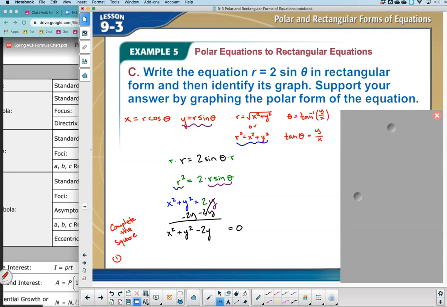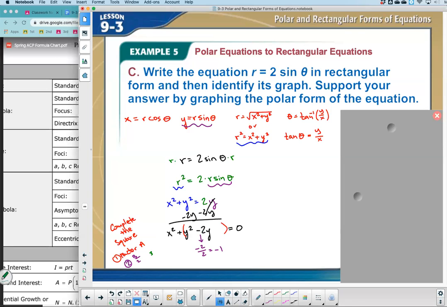Step 1 was you factor the a term. So here I'm going to put this in parentheses. My a is 1, so I don't have to do much with that. Step 2, though, I'm going to divide my b by 2. I'll take my b here, -2, and divide that by 2. So -2 divided by 2 is -1.